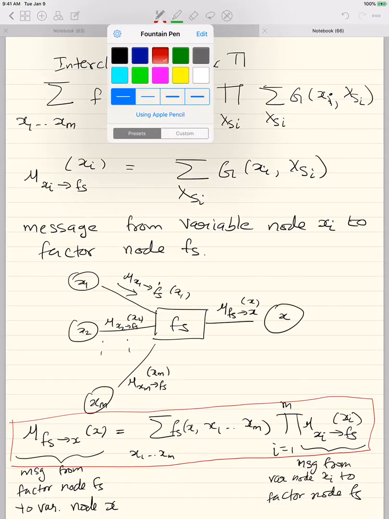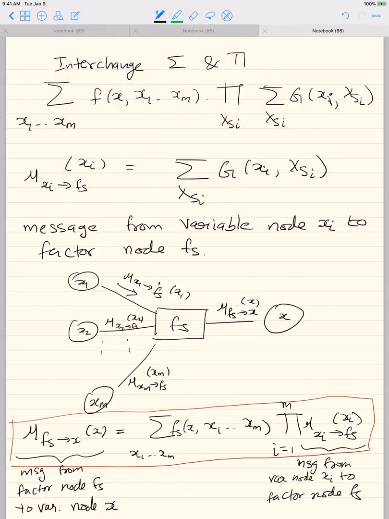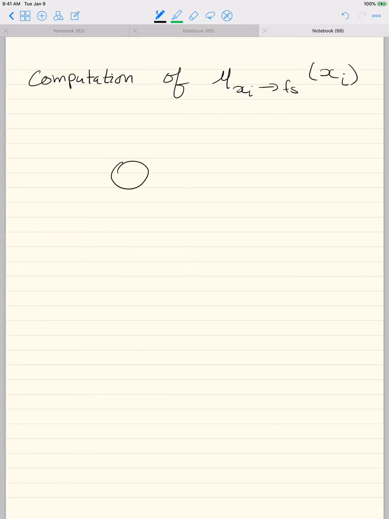So next we need a formula to compute mu of xi to fs, the messages from the variable nodes to the factor nodes. So let's look at one such node. Let's consider the node xm.